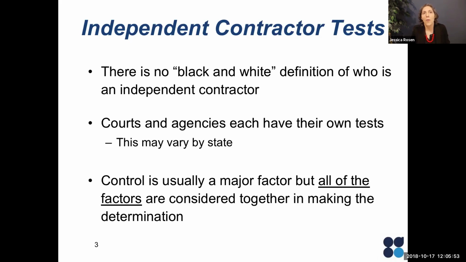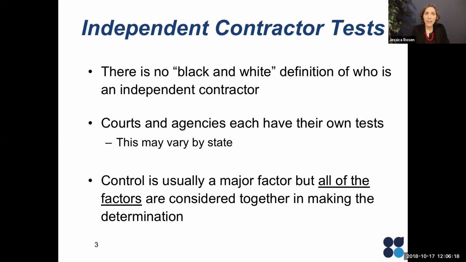Now, how do I know what the nature of my relationship with Pat the plumber should be? In general, there's no clear-cut definition of who is an independent contractor. This varies by state, and it also varies by the entity that's looking at the issue. There could be federal and state courts that look at it under a certain standard.